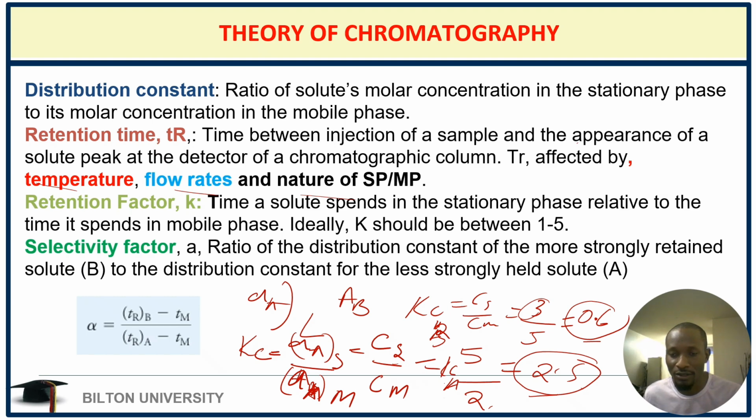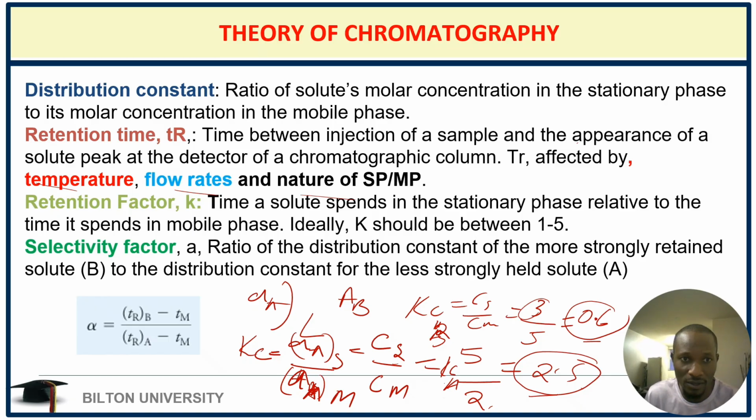So increasing the flow rate of the mobile phase reduces the retention time, and if you reduce the flow rate, the mobile phase is going to spend more time to flow from point A to point B, making the solute particles spend more time in the column.